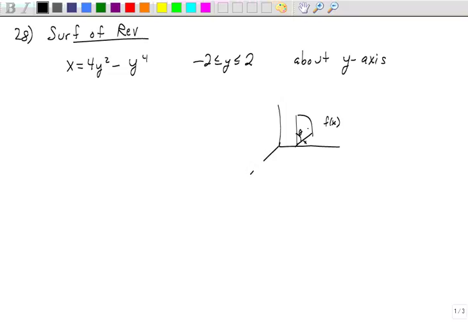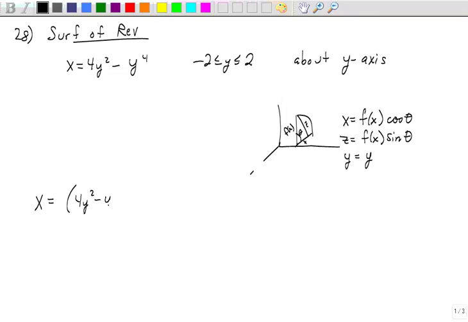So this is x, this is going to be z, and this is f of x. So x is f of x cosine theta, z is f of x sine theta, and y is y. So our parametric equations are going to be f of x cosine theta, y is y, and z is f of x sine theta.